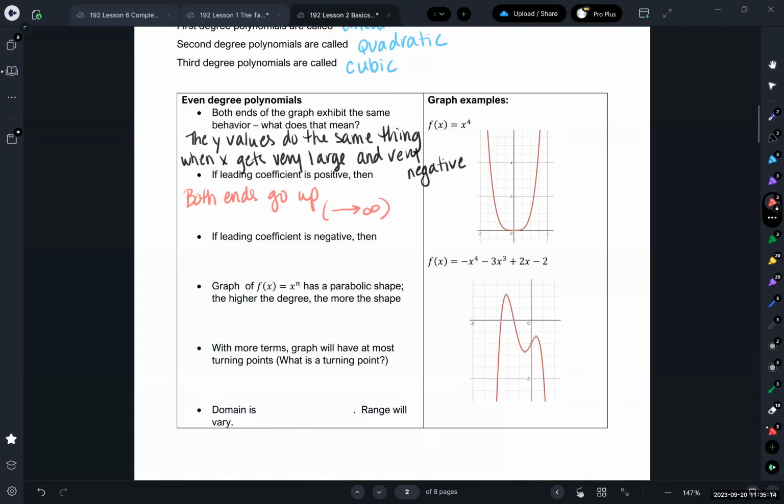So approaches infinity. They're going up and off to infinity. The difference is if the leading coefficient is negative, as we can see in the second example, then both ends are going down. So they're approaching negative infinity, as you can see here.